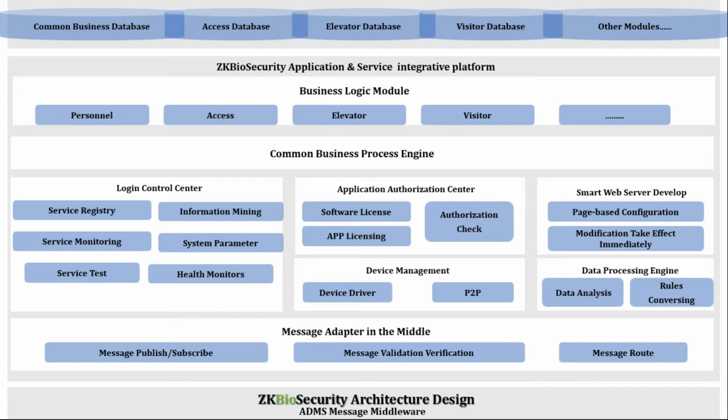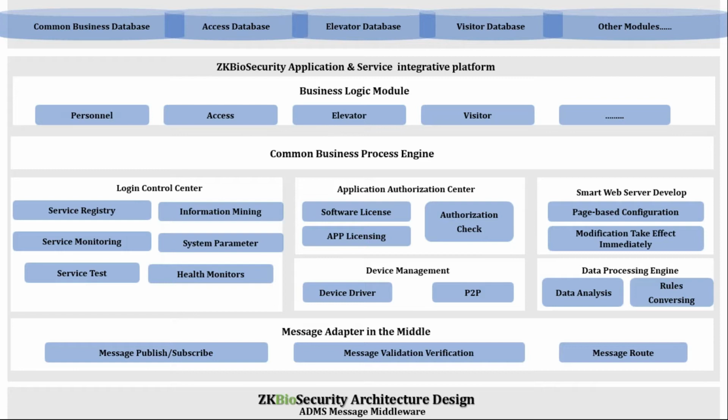There will be a login control center, which helps whenever a user logs in from the database. It identifies whether the person has logged in with proper credentials or not, and we can know the details. Similarly, there are system parameters that help you set the BioSecurity system information.